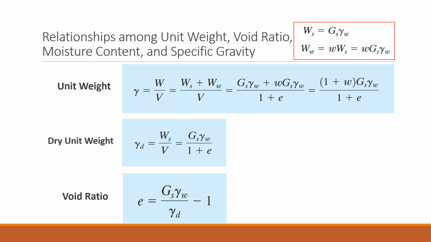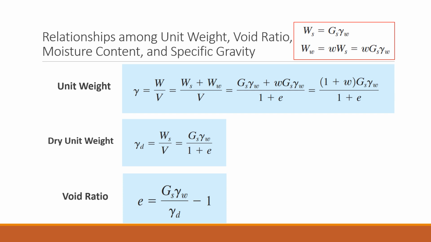So now, still exploring the relationship between the unit weight, void ratio, moisture content, and specific gravity. We have here on the topmost right of the presentation in a box colored red, those formulas that we solved or transformed. So karon, since ang atong nabalaan nga formula for our unit weight is simply gamma equal to the total weight over the total volume, how do we transform that in terms of the void ratio, the moisture content, and specific gravity?